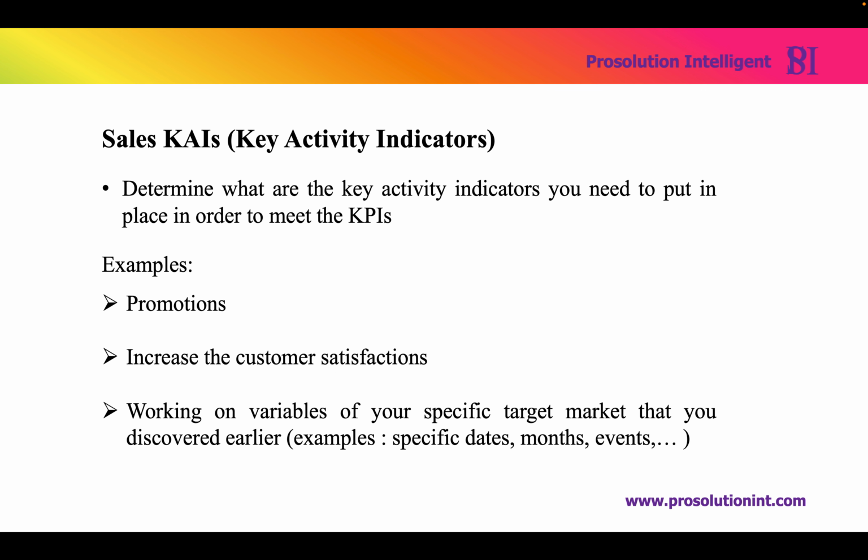And then you have to work on the variables that you found earlier in the target audience category, the variables that make the customer motivated to come to your business. As I said earlier, for example, events like a birthday, you have to start working on that. You already discovered that in the previous step, and now you are going to perform an event.